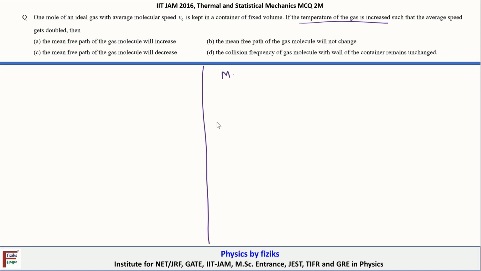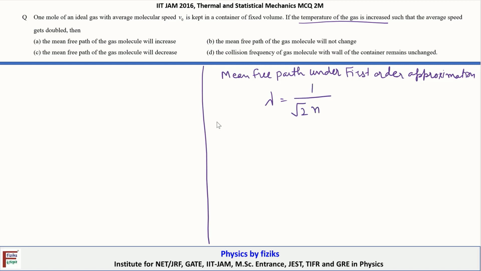So the mean free path under first order approximation is given by lambda equal to 1 divided by root 2 n sigma, where sigma is the cross-section area of the gas molecules.